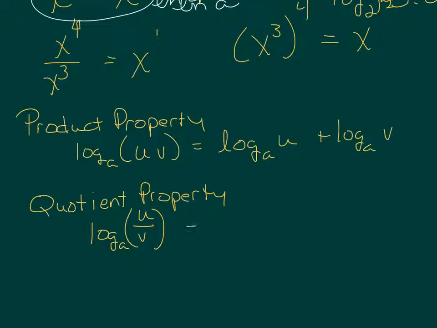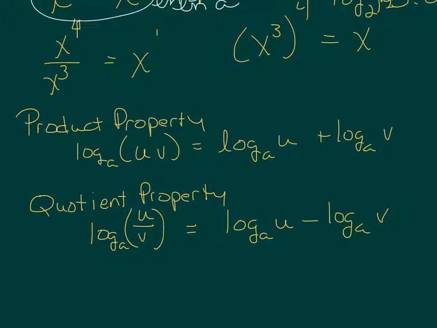Well, this is equal to the log base A of u minus the log base A of v. When we are dividing with exponents, same base, we subtract the exponents. So here where we are dividing, here we can expand it by subtracting.